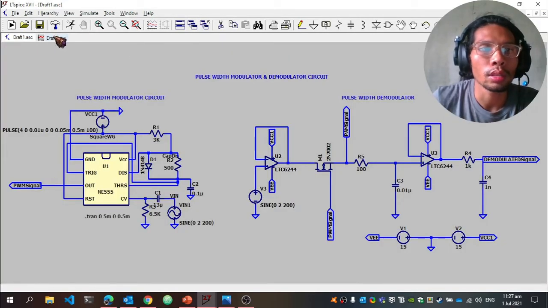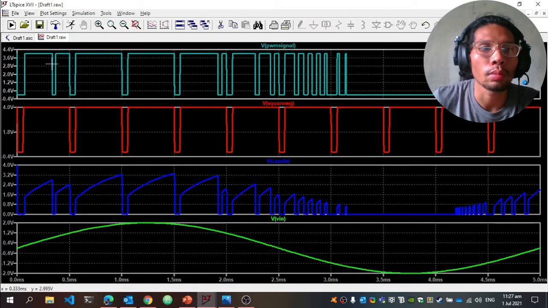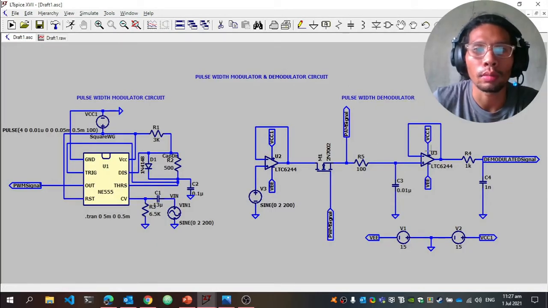Next, this simulated pulse width modulated signal will be the input for the pulse width demodulator circuit on the right side.